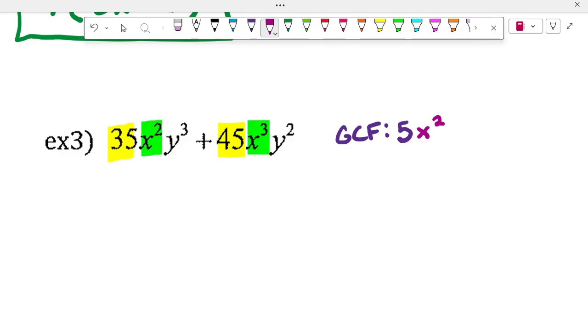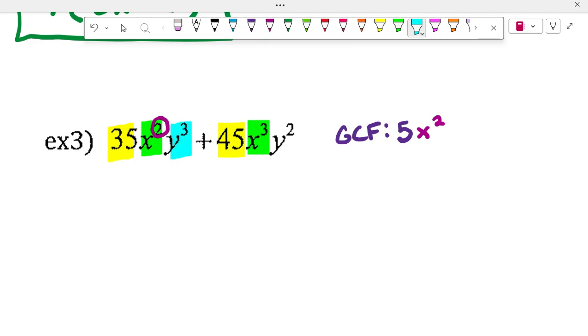So, little trick when it comes to your variable GCFs. Whatever the lowest exponent is between the two sets of pairs of variables, that's the GCF. So if the lowest exponent is a 1, it's just x. If it's a 2, it's x squared, so on and so forth. All right? So you don't have to do too much of a think about that GCF. You just take whatever the lowest exponent is.